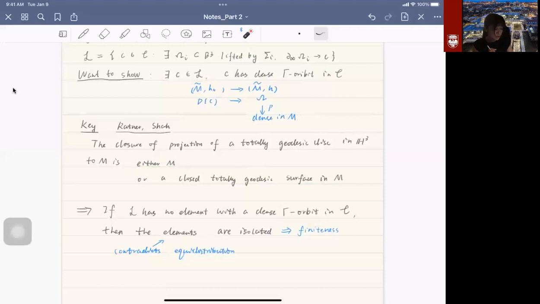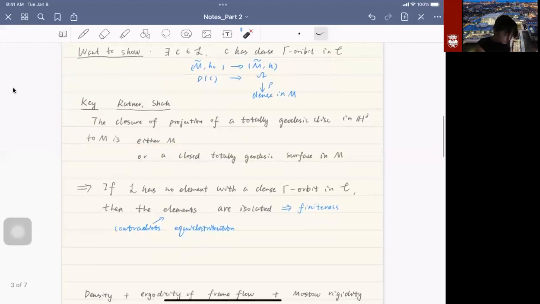So now we assume by contradiction that this never happens. So we assume L has no dense element.